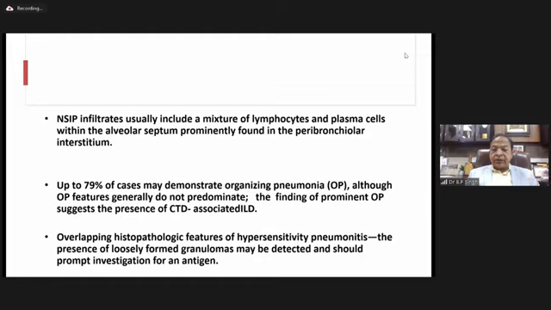As Dr. Bhavin mentioned in his presentation, up to 79% of the cases may demonstrate organizing pneumonia, although the OP features generally do not predominate when NSIP is the predominant finding. The finding of prominent OP suggests the presence of CTD-associated ILD much more often. With overlapping histopathological features of HP, the presence of loosely formed granulomas may be detected, and it should prompt investigation for an antigen.